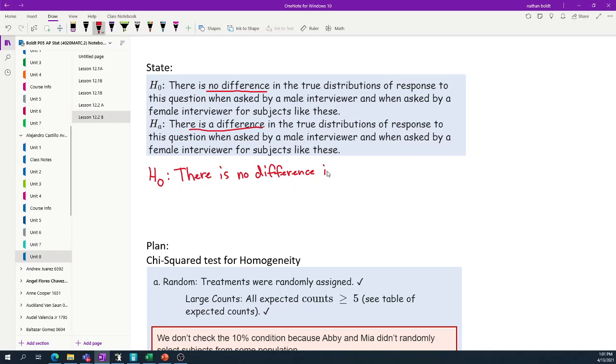in the distributions, in the true distributions. And of course, as always, then add context, right?